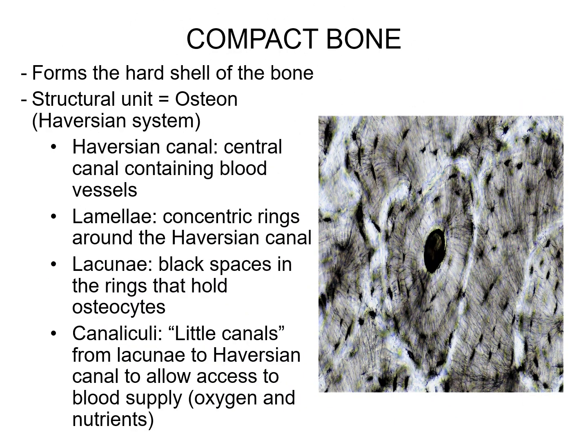So when looking at compact bone, as I mentioned earlier, compact bone is typically what we think of when we think of bone. It's on the superficial aspect of bone, or the hard shell on the outside of bone. And really what it's made up of is hundreds and hundreds of these circular-like units called osteons.